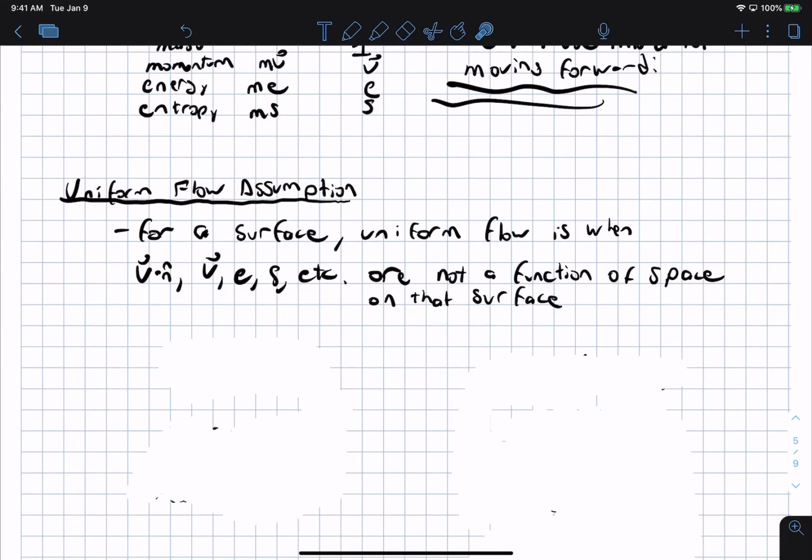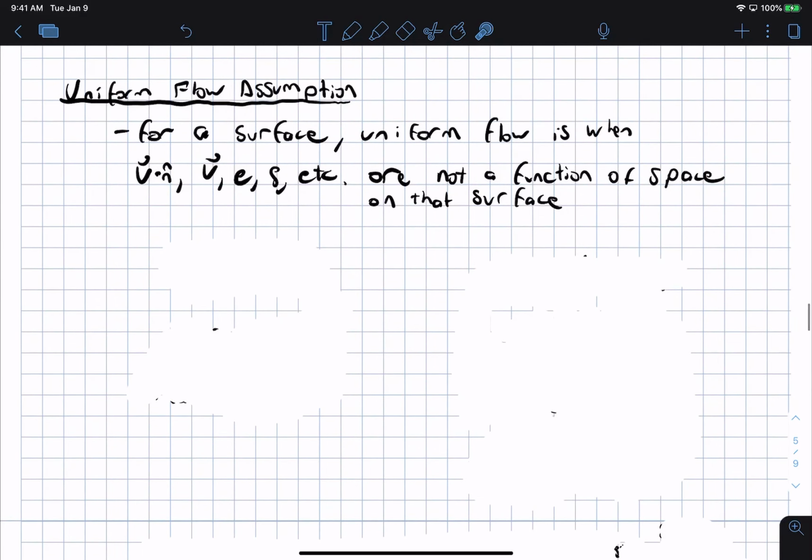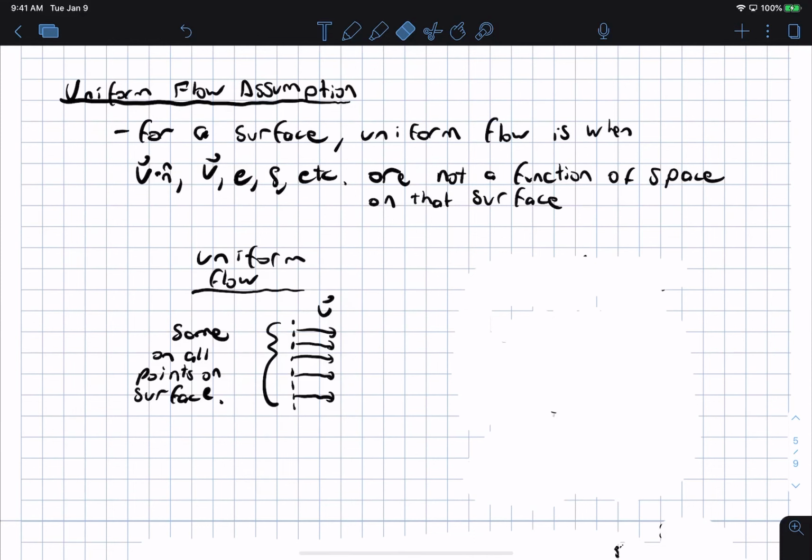So I could just draw a picture here of a case where we have uniform flow, and I have our fictitious surface where we're going to find m dot, or the flow of energy through it. If the flow is uniform, then the velocity profile is perfectly uniform over that surface. It's the same at all points. And so you guys basically dealt with that case all the time in thermo.